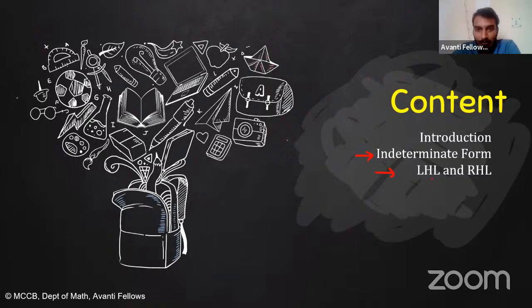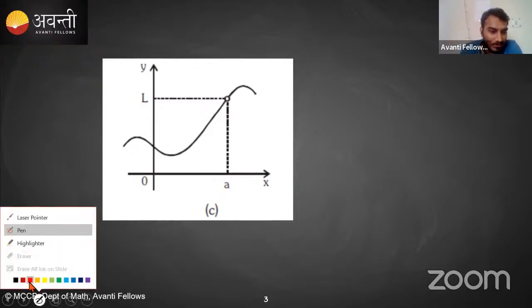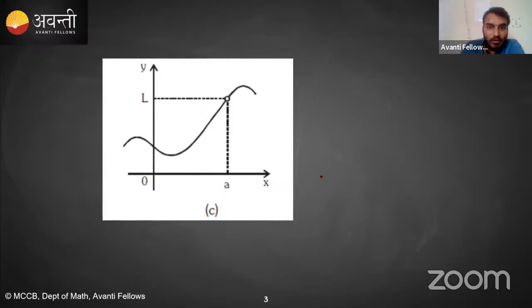Before starting the introduction of limit, quickly let me know in the chat box: if I ask you what is the value of f of x at x is equal to a, can anybody tell me?